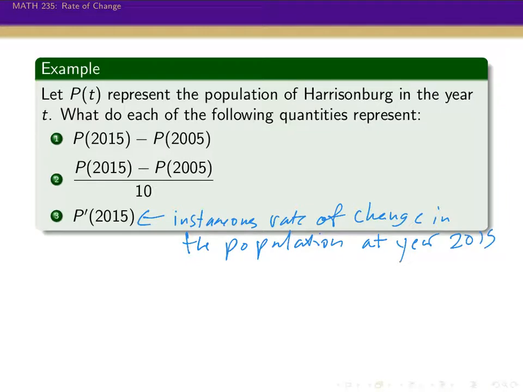And the units here would be people per year. Okay, and so this is the change happening exactly at that year. It's not looking over a range of times. It has gotten it down to this is the rate that's happening right now.